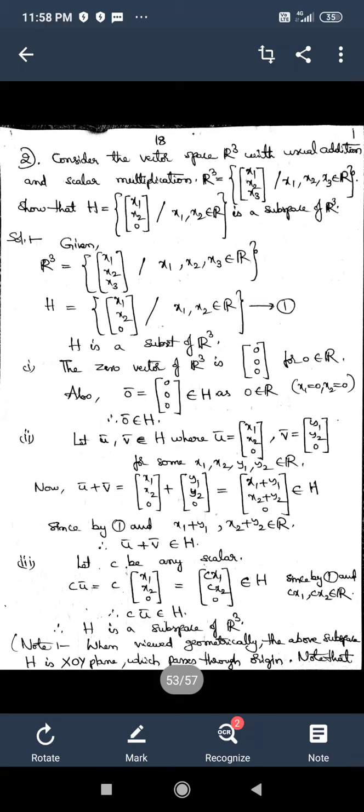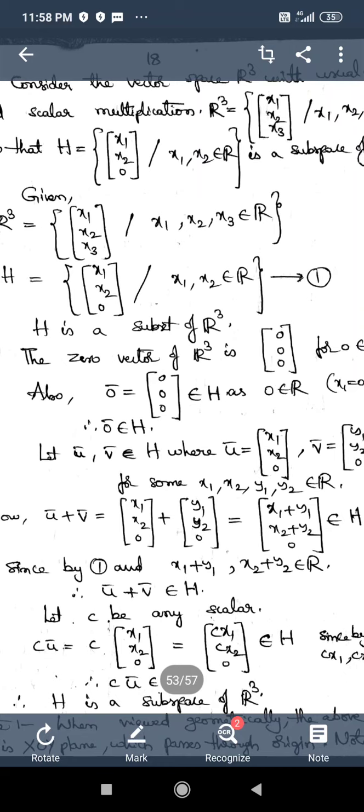And the third and last condition for H to be a subspace is scalar multiplication. And now let us verify whether the scalar multiplication is satisfied in H. For that we need a scalar, and I have taken C as a scalar, and it can be any scalar, as C we are not giving it as a specific number, it can take any real value, so C is any scalar.